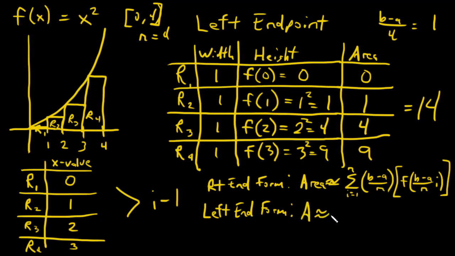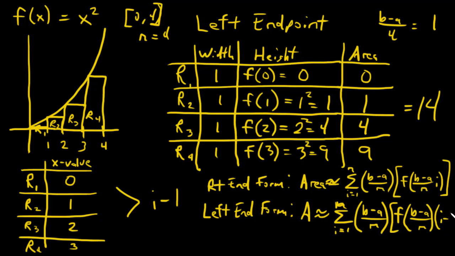The area is going to be approximately the summation i from 1 to n of b minus a over n times the height, which is now going to be f of b minus a over n times i minus 1. So the only thing that changes is this i becomes an i minus 1 if I use the left endpoint.